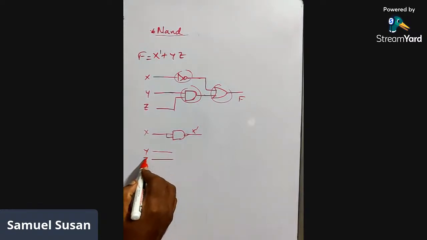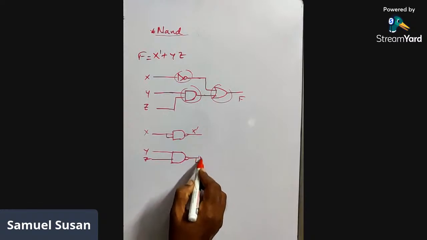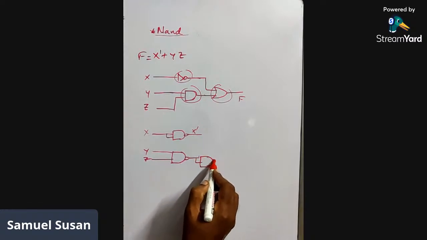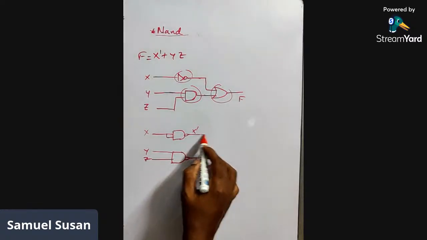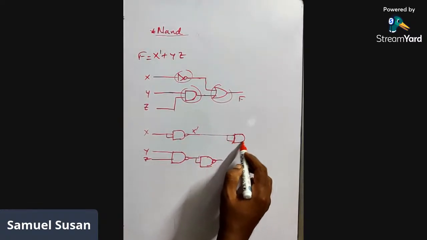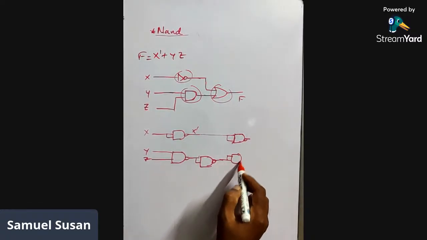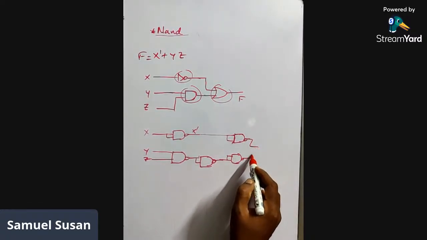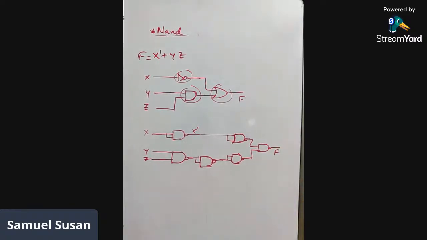And the AND operation for NAND is this one. And finally the OR operation using NAND, we get the same circuit like this. And finally with these two we again perform NAND. So this is what we get, f.